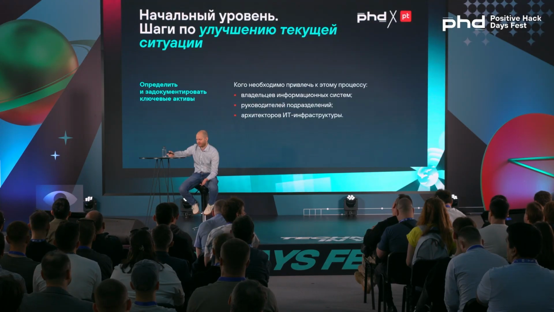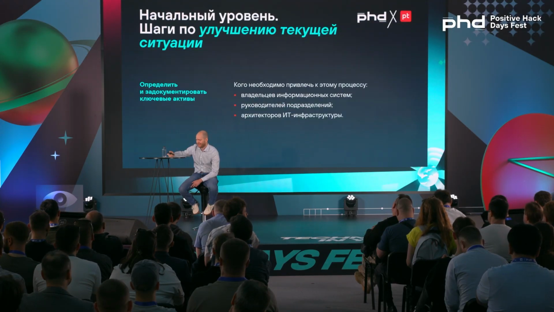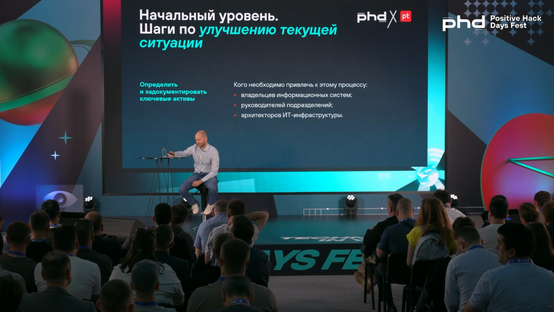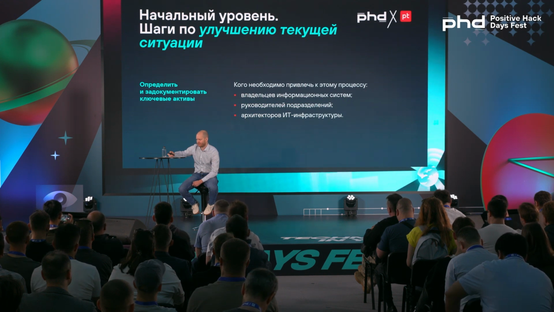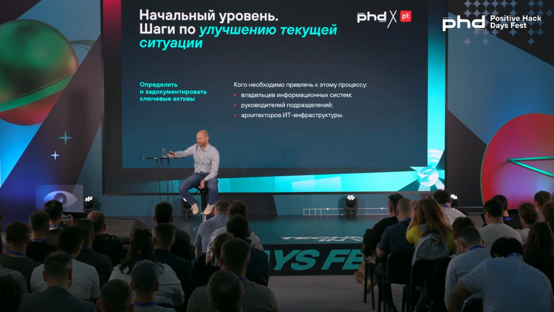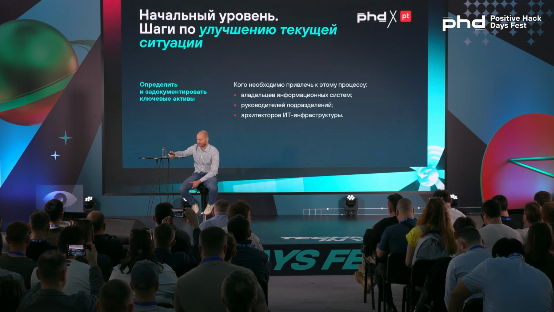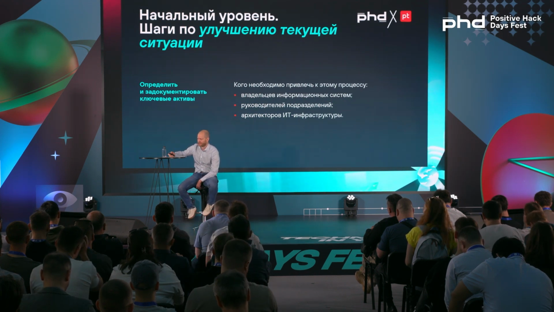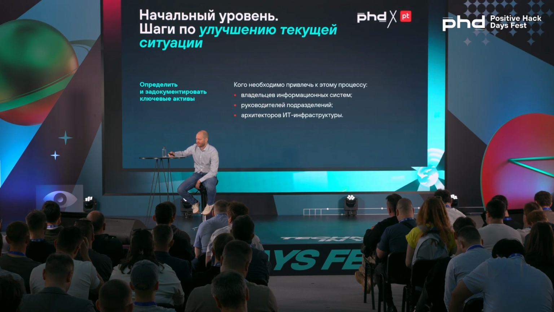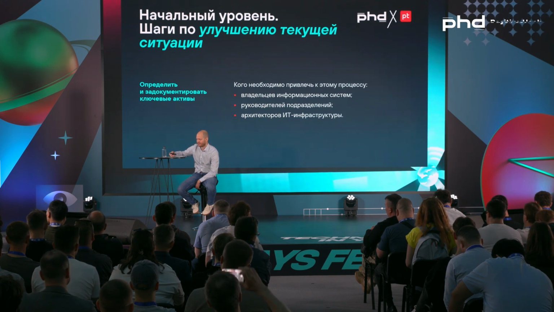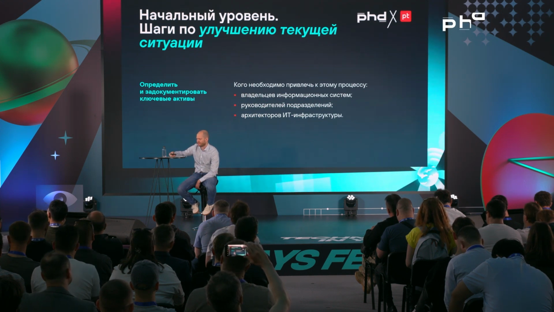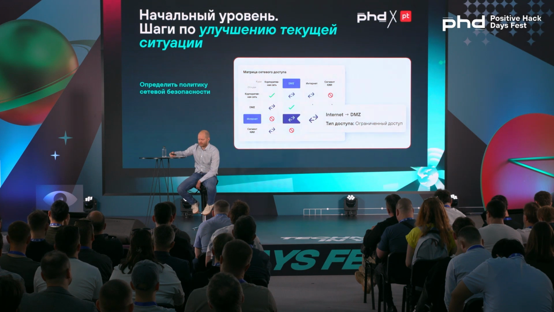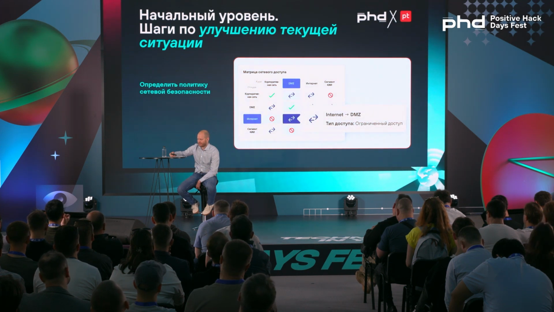So next, we begin making steps to improve the situation. Step number 1, and quite obvious, would be that we need to decide what the key assets are. So we involve the owners of the information systems, architects, and heads of the different departments in the company. Okay, fine.